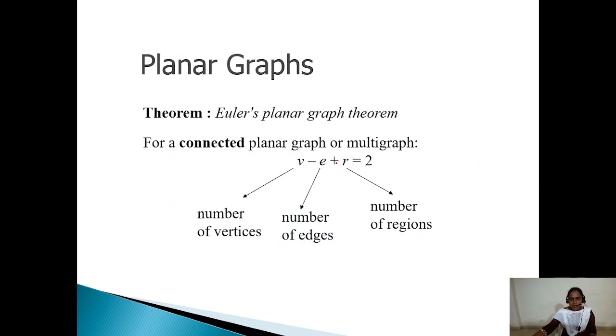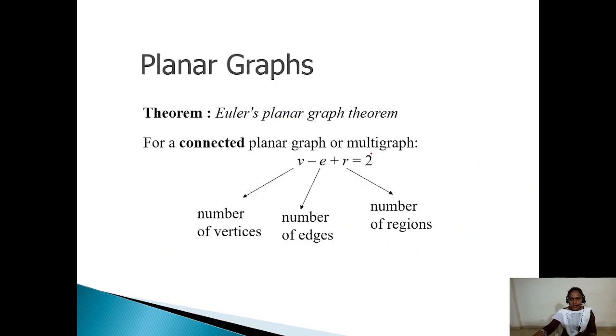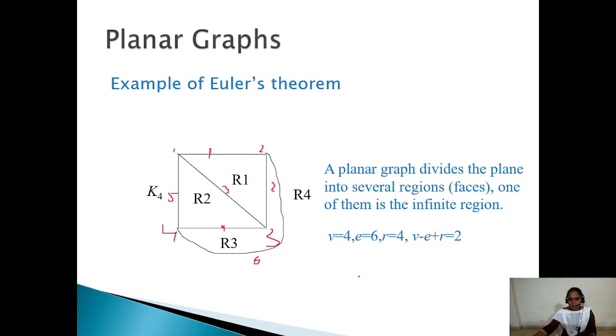V minus E plus R equals 2. Vertices: 4. This condition is satisfied. This is a planar graph. So 4 minus 6 plus 4, how much? 2. This is the theorem of planar graphs.